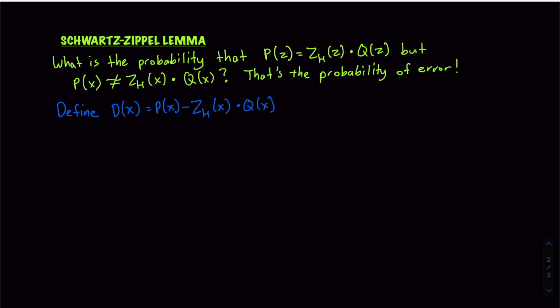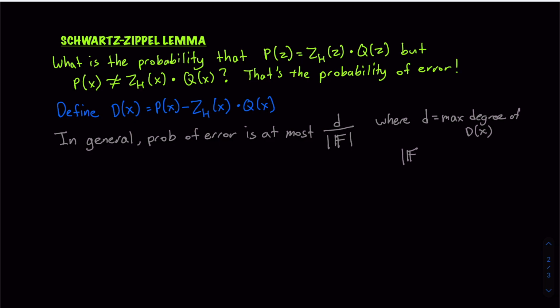In general, the probability of an unlucky hit is at most d out of the size of the field, where d is the degree of the non-zero polynomial. In our example, 6 divided by 331 is actually relatively large, but in practice, SNARKs use extremely large fields, typically 256 bits or more, so the size of the field is approximately 2 to the power 256.